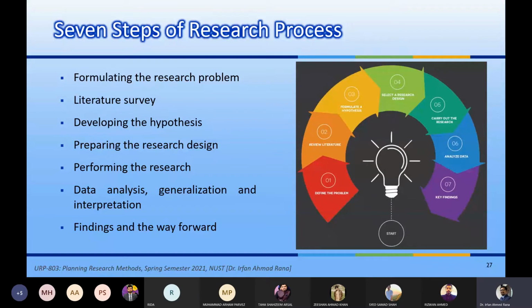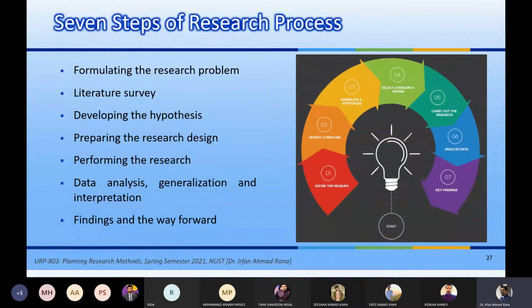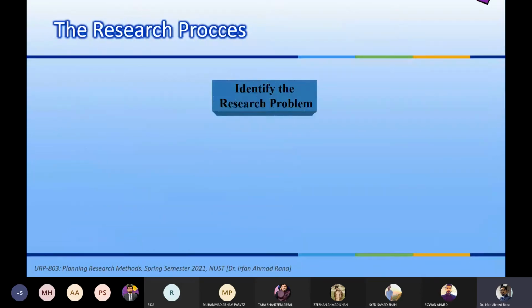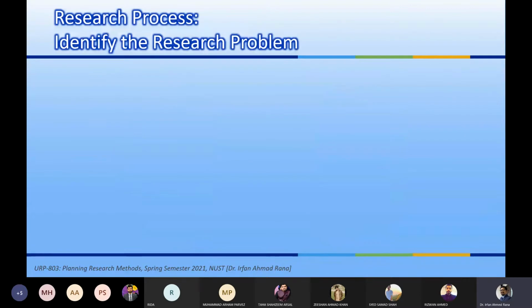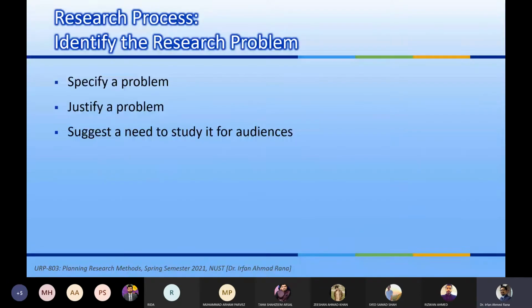Okay, any other question? The first part of the problem, we will be having a whole lecture on problem identification. This is just generic input to this problem. Often students come to me with a solution.